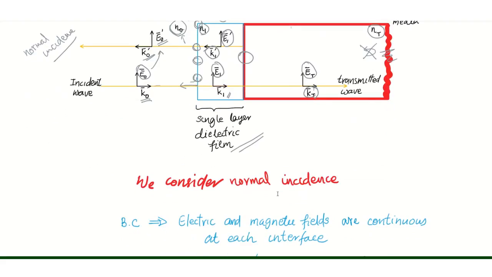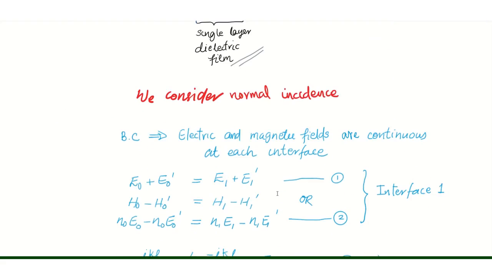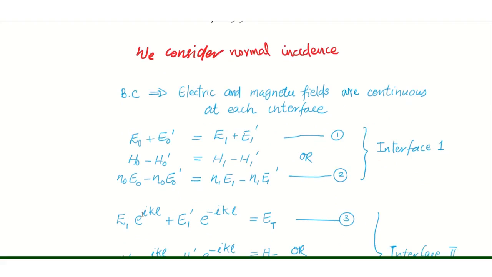We straight away consider the boundary conditions. On the first medium, it is E0 plus E0 prime equal to E1 plus E1 prime at interface 1, and also for the magnetic field, H0 minus H0 prime equals H1 minus H1 prime, and that is equivalent to this one.